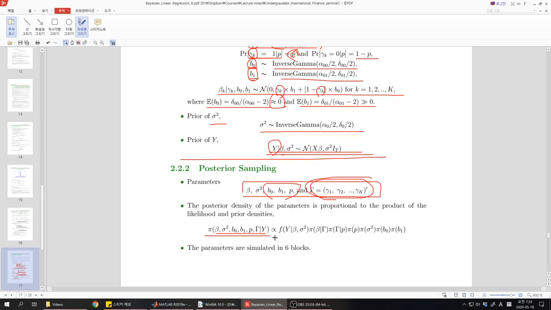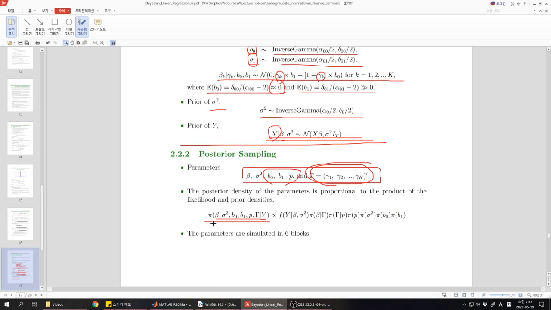But this posterior density is not standard, right? But the full conditionals of the parameters are standard. That means we can apply the Gibbs sampling method to generate the parameters.